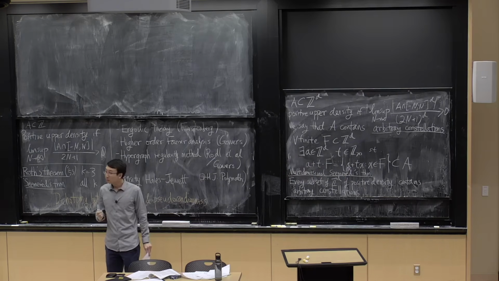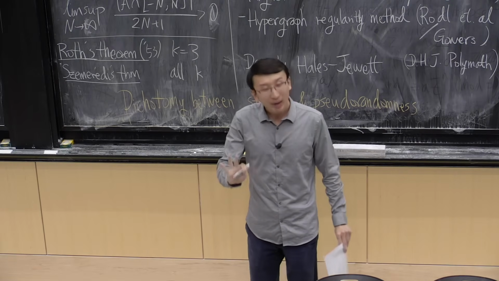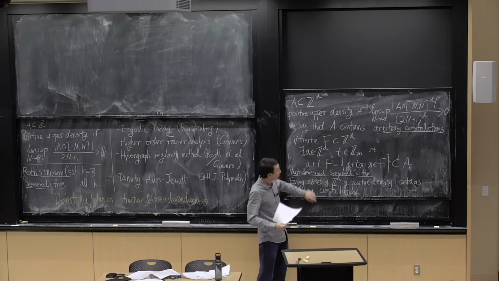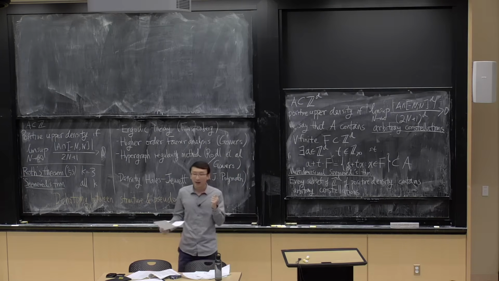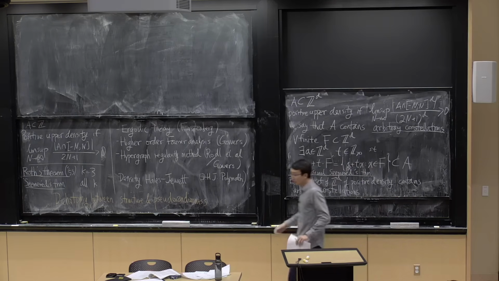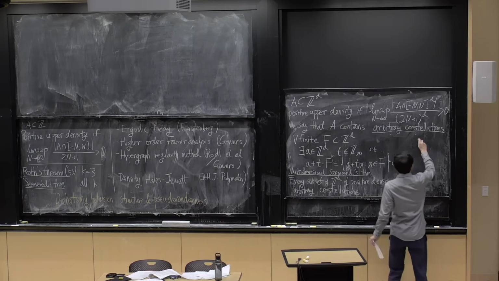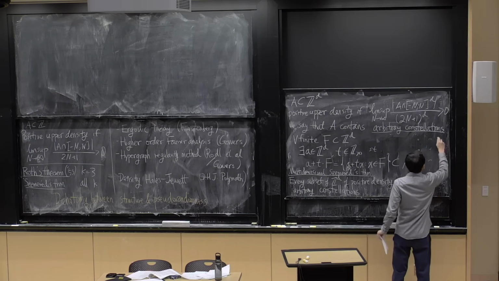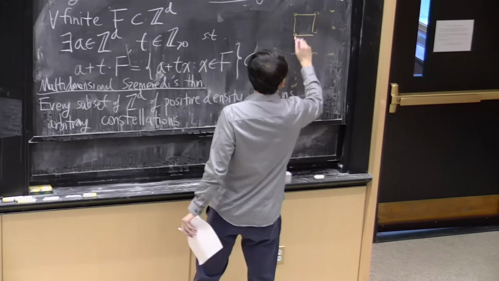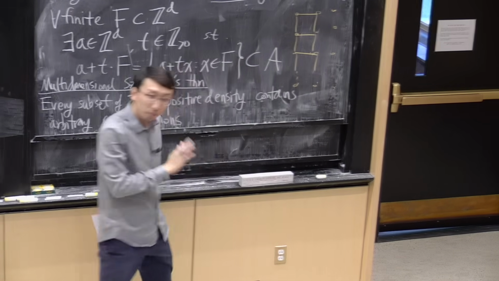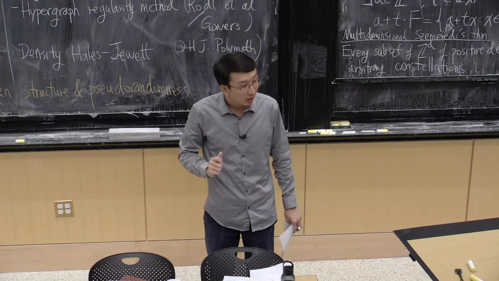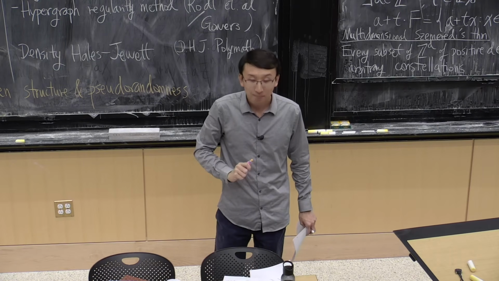You give me a pattern, and I can find this pattern inside A, provided that A has positive density. So in particular, if I want to find a 10 by 10 square grid, where all of these lengths are equal, but I don't specify what they are, then the theorem tells me that as long as A has positive density, I can find such a pattern inside A.